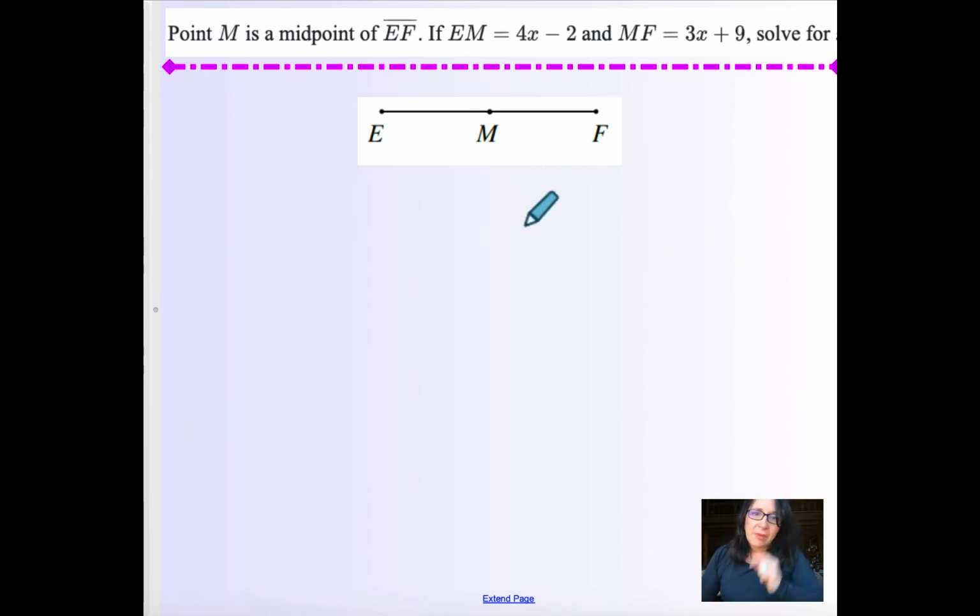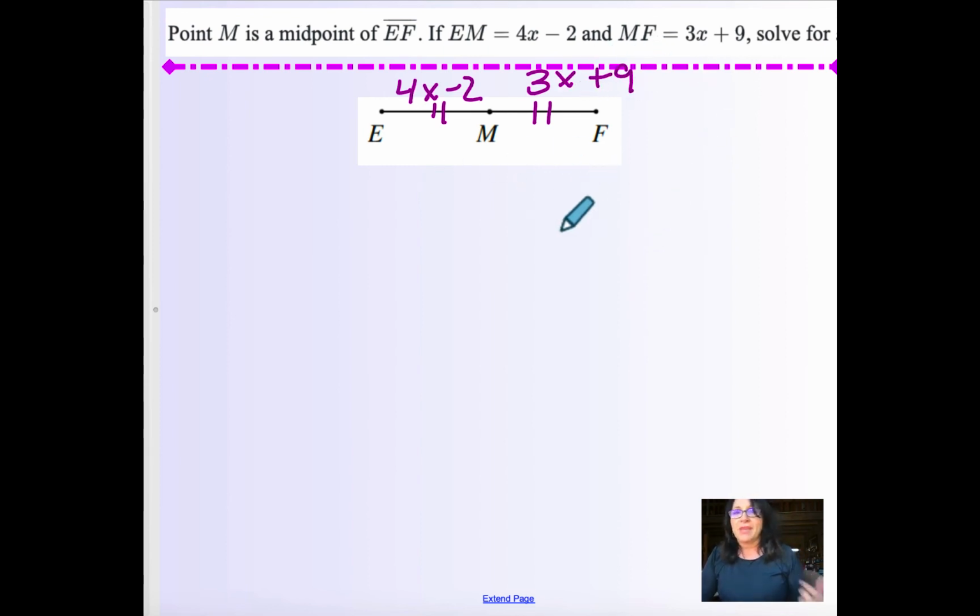For this problem here, M is the midpoint. If it's a midpoint, that means that it divides that segment into two equal parts. If EM, this length here, is equal to 4x minus 2, and MF is equal to 3x plus 9, I want to solve for x.